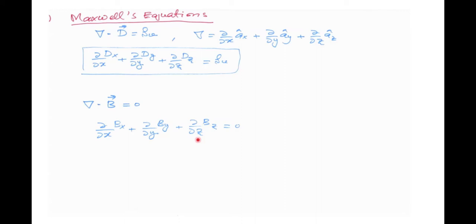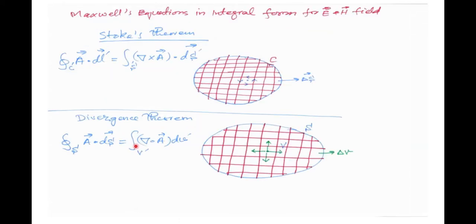You can also write down these equations in other curvilinear coordinate systems. You can find that information in the book, that is how to expand these equations in a cylindrical coordinate system and spherical coordinate system.